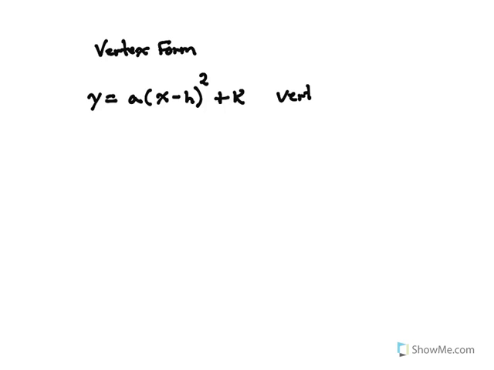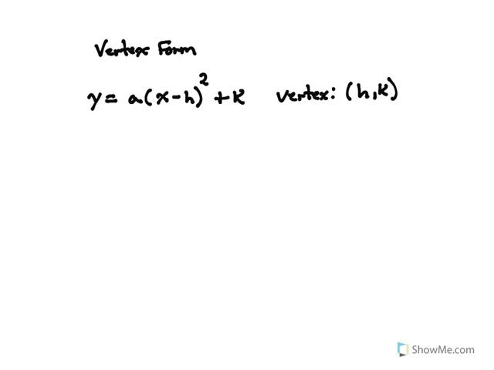So here, the vertex form is going to be given by the following equation. And the vertex, like I said, is going to be identified with h comma k.